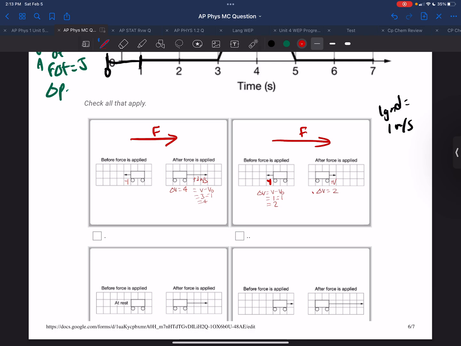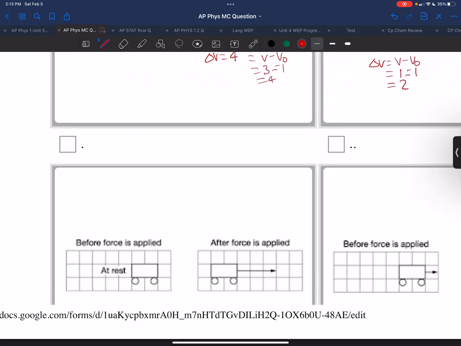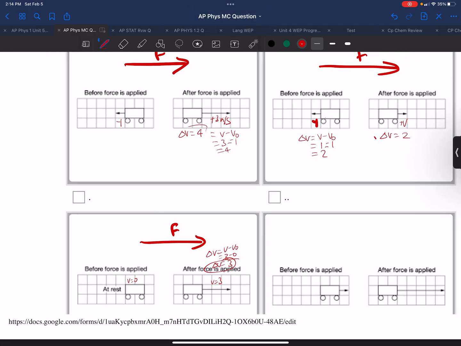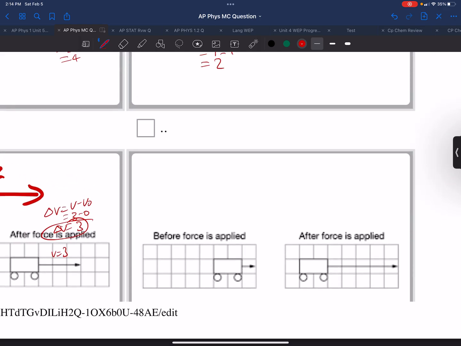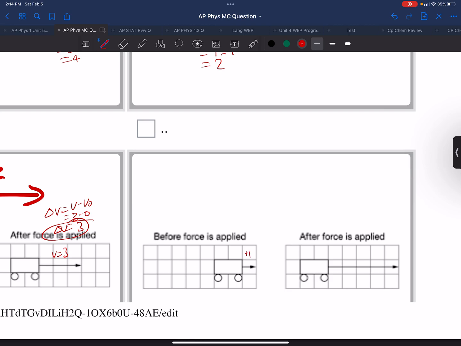Understanding this, the third choice is at rest, and for this to have occurred, again, the force is applied in that direction. The velocity is equal to 0, and afterward we have a velocity equal to 3. So our delta V is V minus V0. Final is 3 minus 0, so the delta V is 3. So we're comparing these. We have a delta V of 4, a delta V of 2, a delta V of 3. And lastly, when we look at this one, we have a V0 of +1.